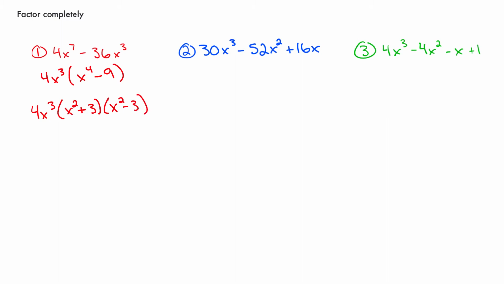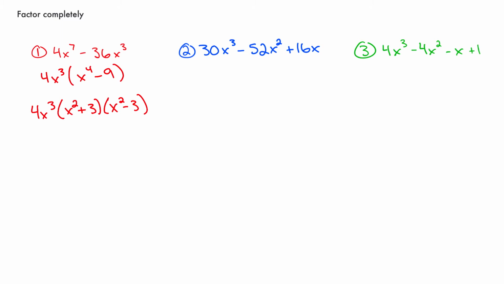And then I rinse and repeat. I ask myself again, is that factorable? Well, x squared plus 3 is a binomial. Binomials are only factorable if it's a difference of squares. That's a sum. I have an addition sign. Can't factor it. Second one, I have an x squared minus 3. That's subtraction. So far, so good. The first term is an x squared, but the second term is a 3.